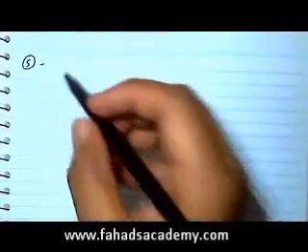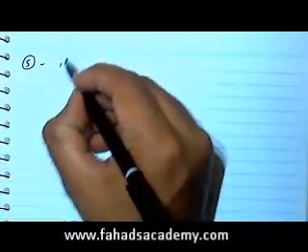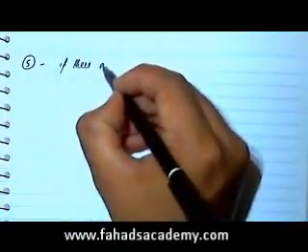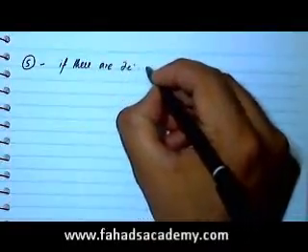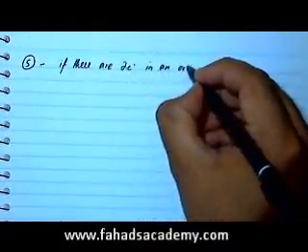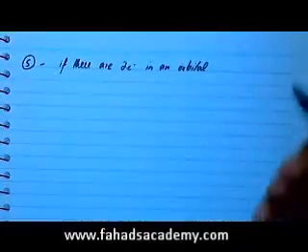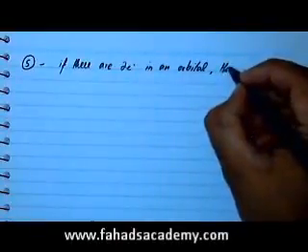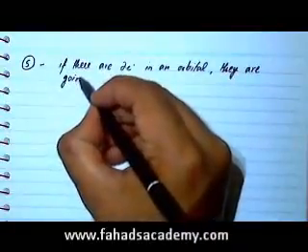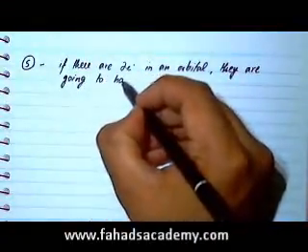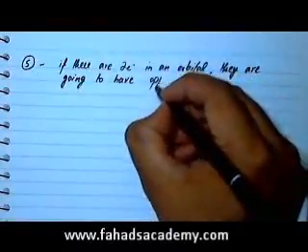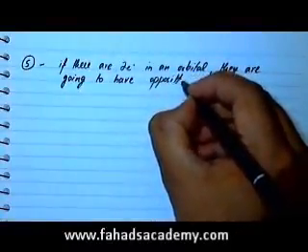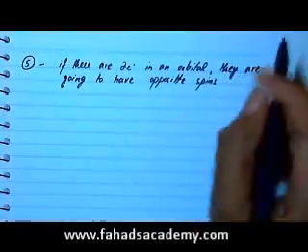The fifth point about filling orbitals is that if there are two electrons in an orbital, then they are going to have opposite spins.